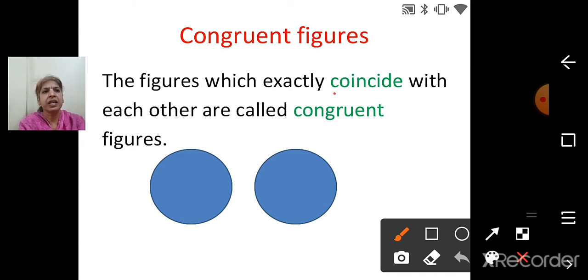So these 2 circles are congruent. And if you trace one circle and cut it and place it on the other, you will find that they are coinciding with each other. They are congruent.